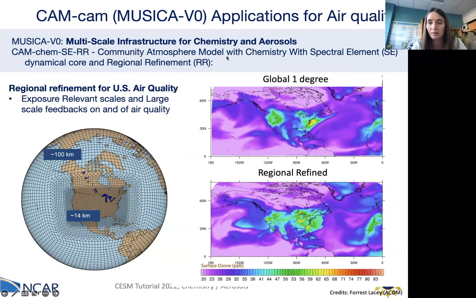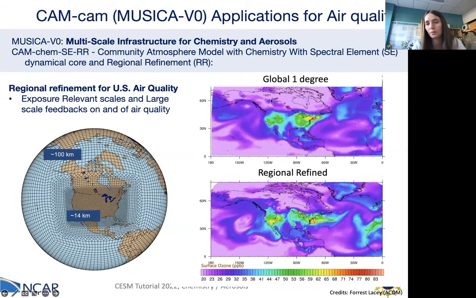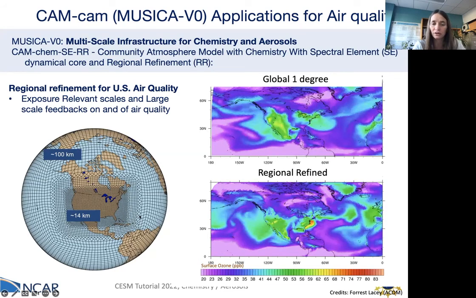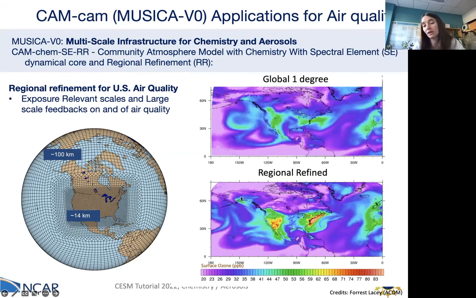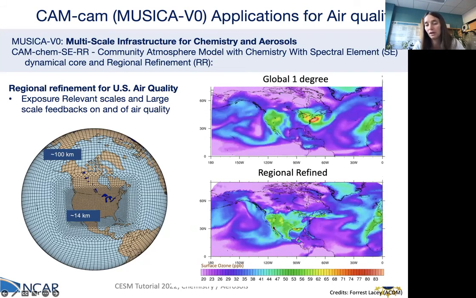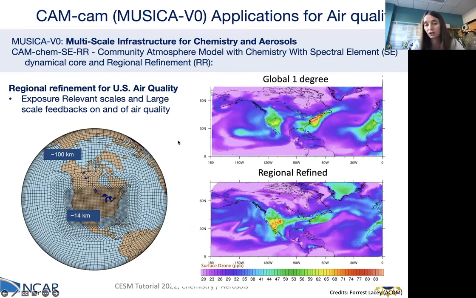That basically is shown here on the bottom. So you compare a 1 degree model simulation to this regional refined model simulation on the bottom. This is surface ozone. And what we can really see is the improvement of maximum of ozone in some regions, as well as some of the structure and the movement.